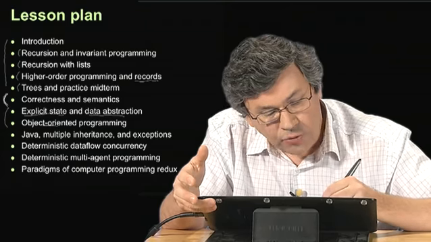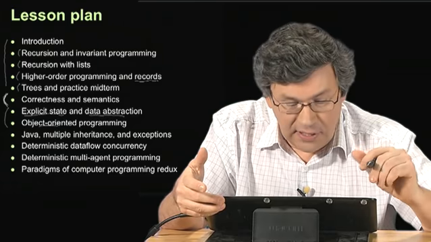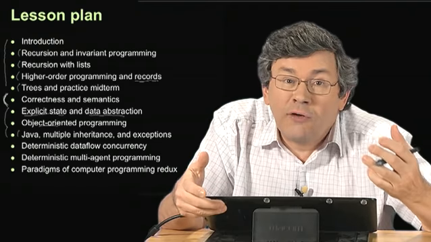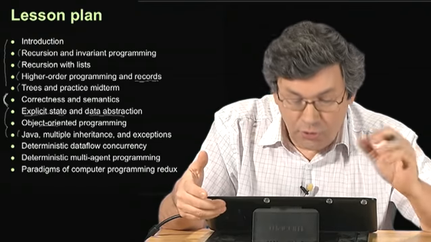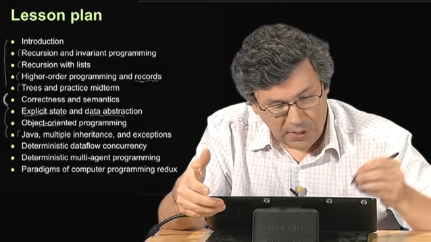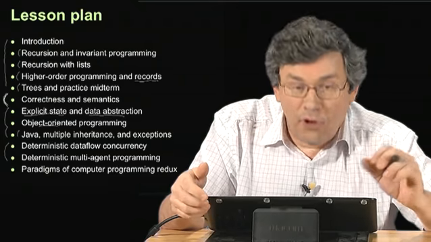Then we will show how object-oriented programming can be seen as an elaboration of the ideas of data abstraction. Finally, we will finish by talking about Java, a very popular object-oriented language, multiple inheritance, and the concept of exceptions.